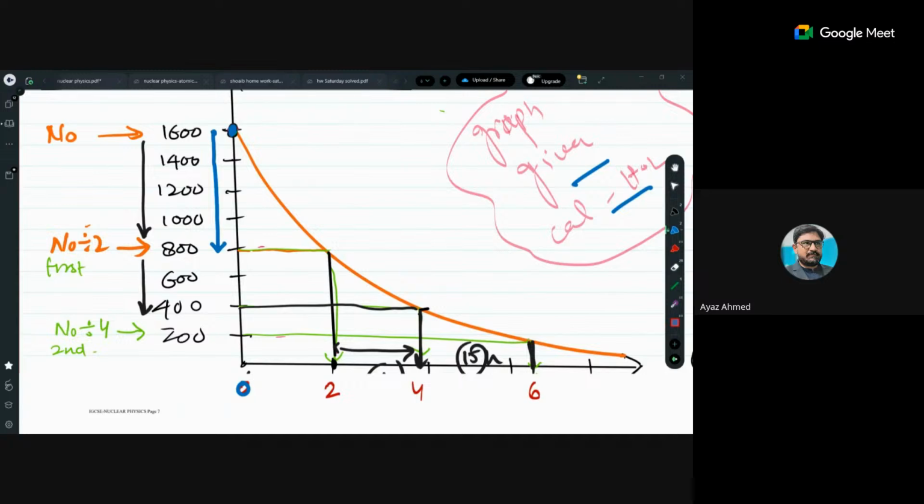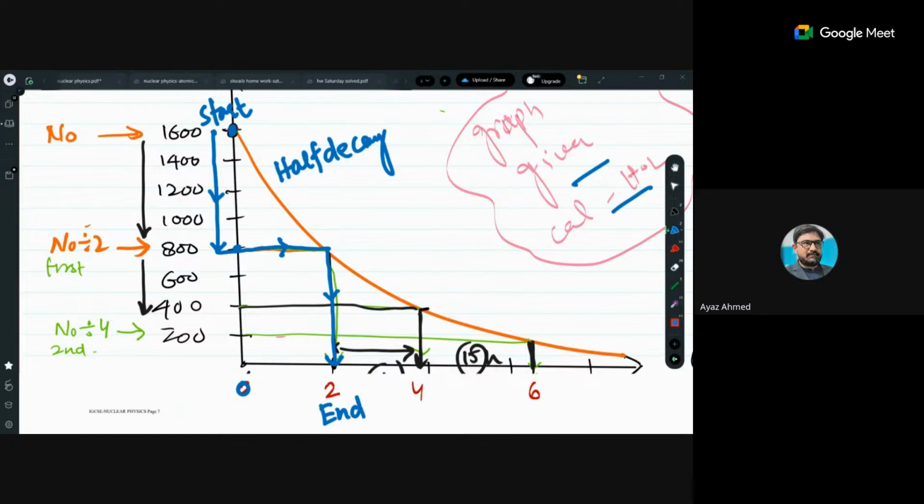800. So it means 1600 to 800 is half decay, right? Half of the elements are decayed. And just go from this 800 to the curve, and from the curve go back to the x-axis. This is basically a pattern to find out the half-life. This is the start, this is the end.